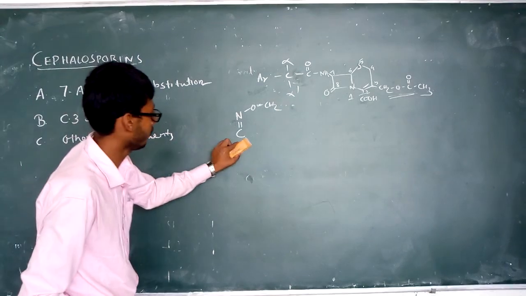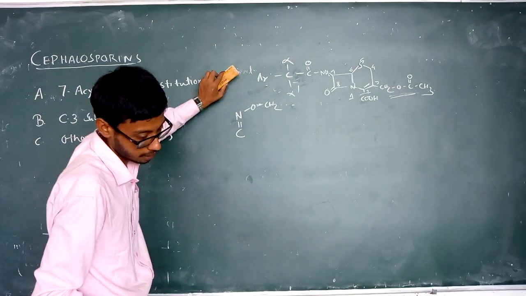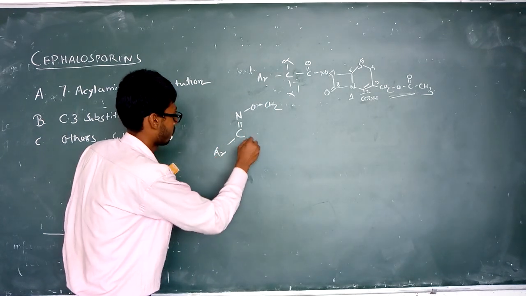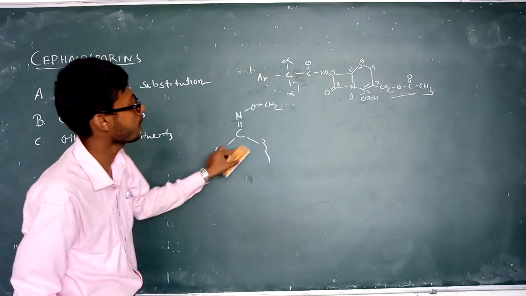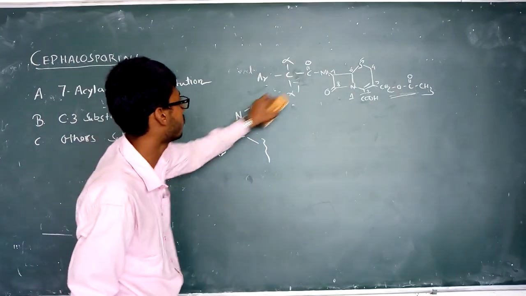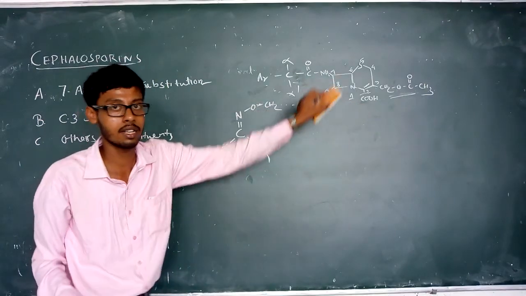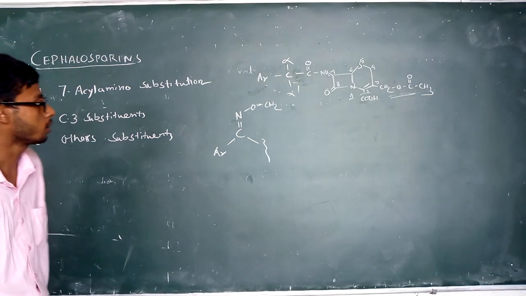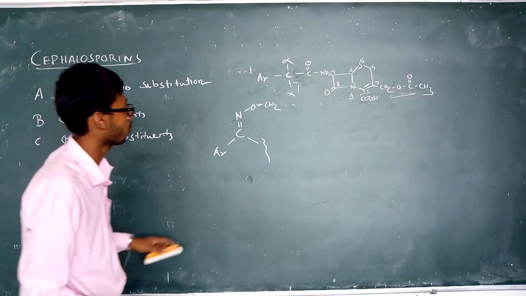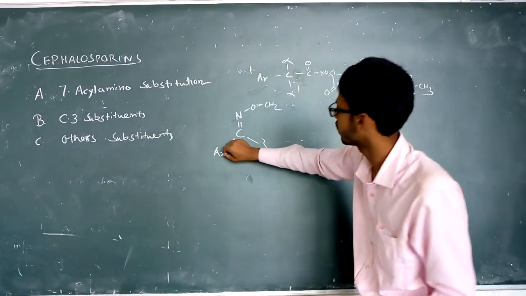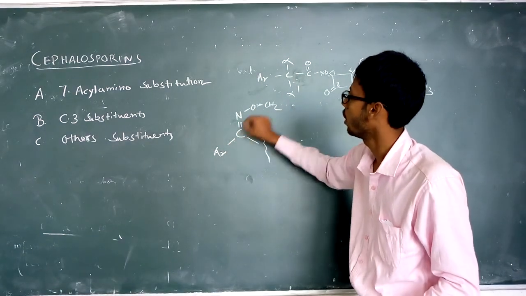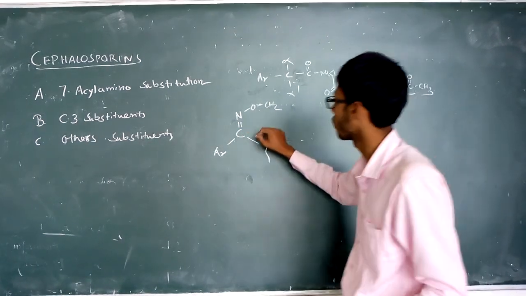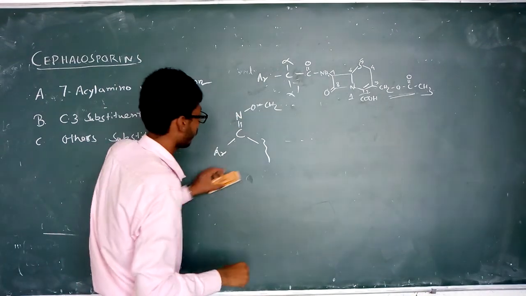In the remaining portion, an aromatic ring is present, attached through CONH to the 7-ACA moiety, which is the cephalosporin moiety. So you can consider that a bulky group is present at the different ends of the C double bond N position.